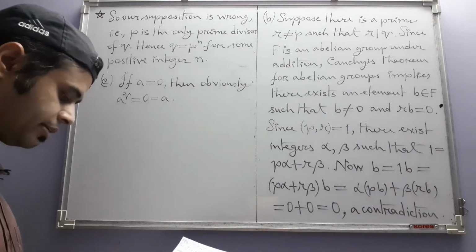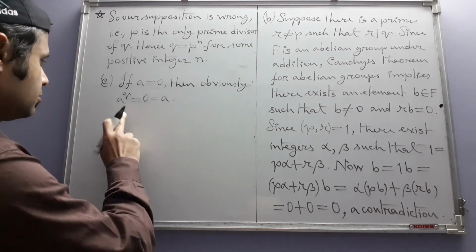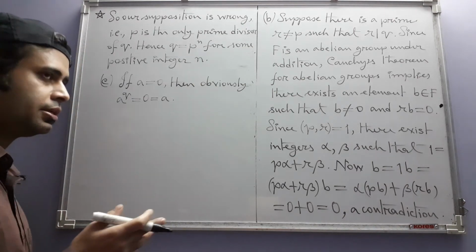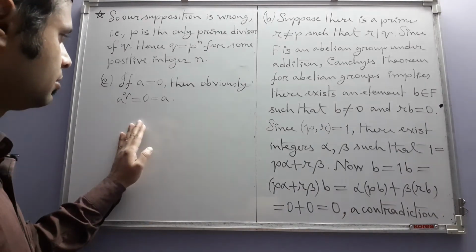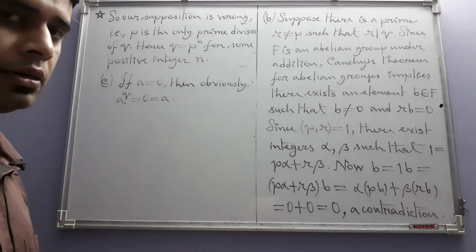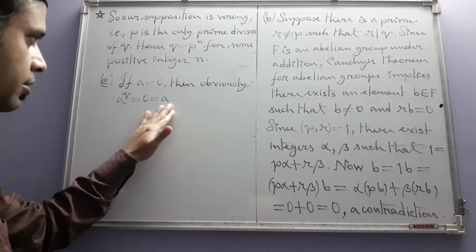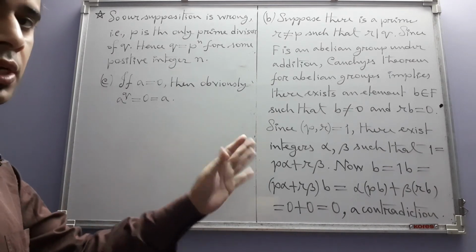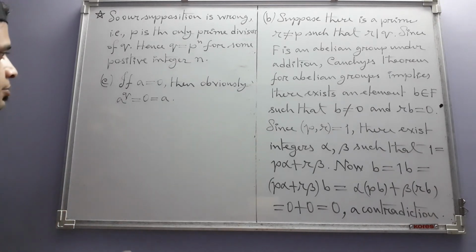Now this A to the power Q is the product of A with itself Q times using the multiplication in the field. Okay, in this equation the additive group structure is not there.